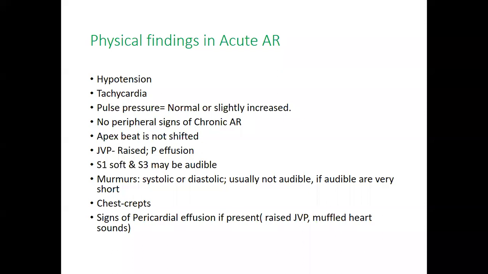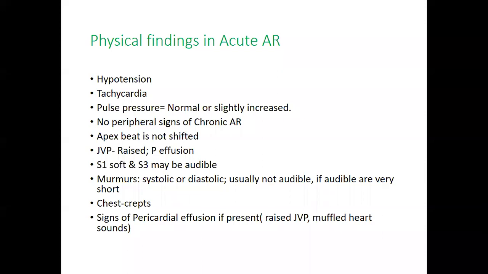What we discussed just two slides back were the peripheral signs of chronic AR, but here there will be no peripheral signs of AR. Even the apex beat is not shifted, because acute AR develops suddenly, whereas chronic AR develops gradually, in which the heart has time to become enlarged, hypertrophied and displaced.